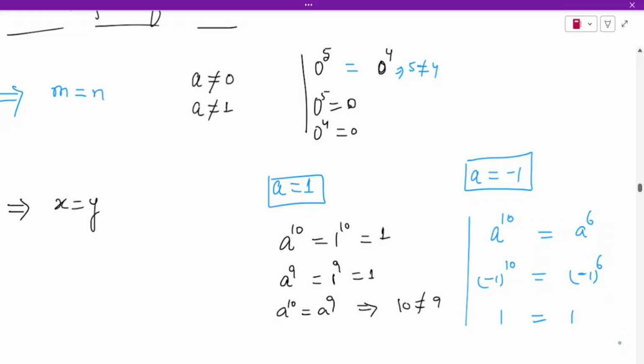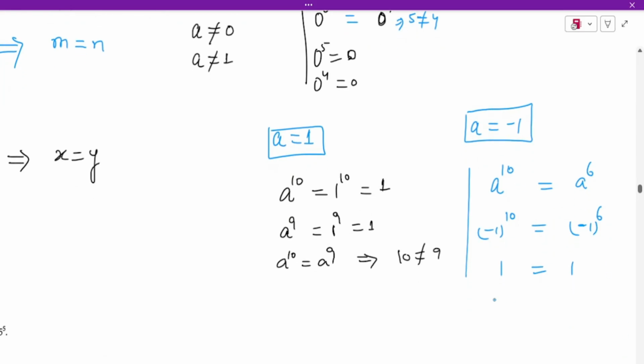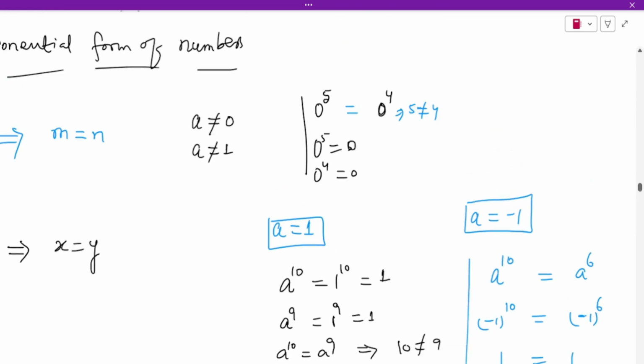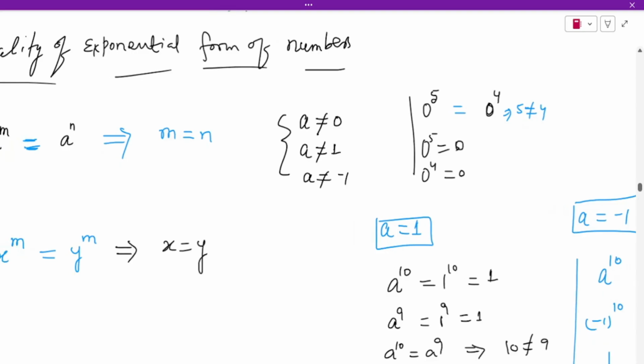So although a to power 10 and a to power 6 values are equal, the powers 10 and 6 are not going to be equal, right? So with this example we come up with the result that this law holds true except these three values of the base.